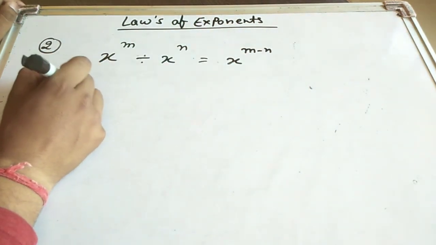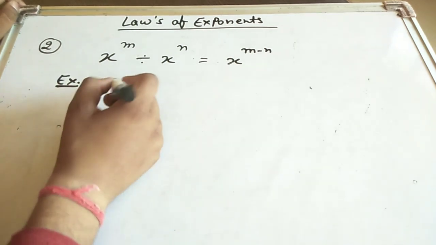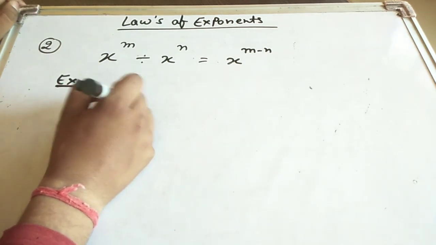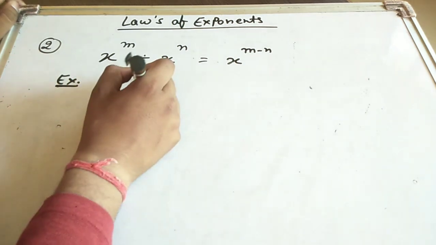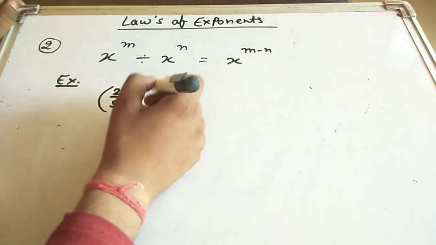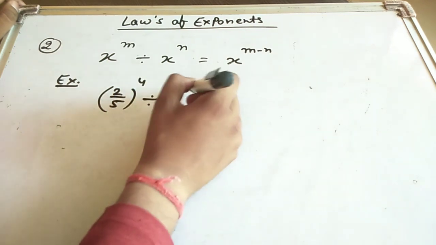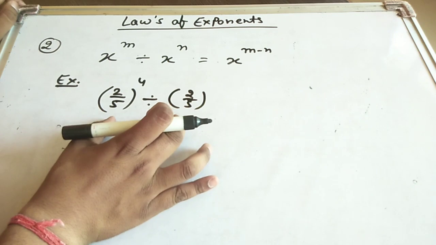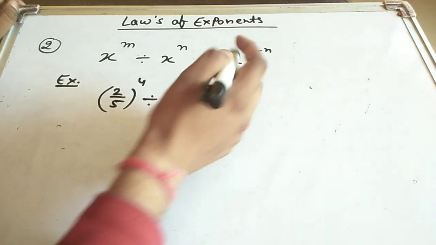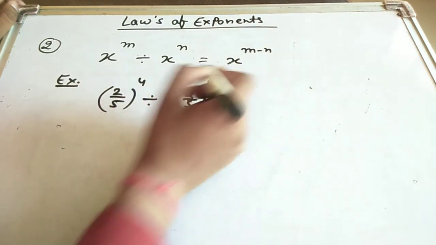Let us take an example. 2 by 5 is the number and 4 is the power. Divide by 2 by 5, because the number should be equal, and the power is 2.